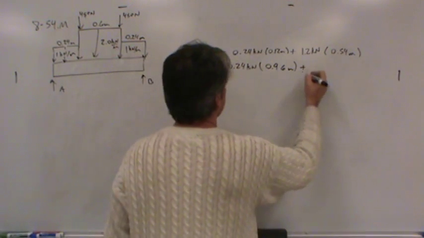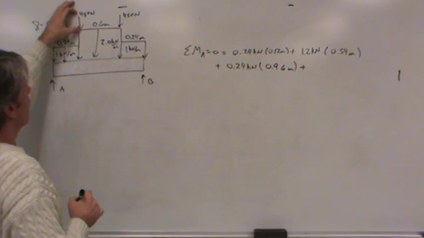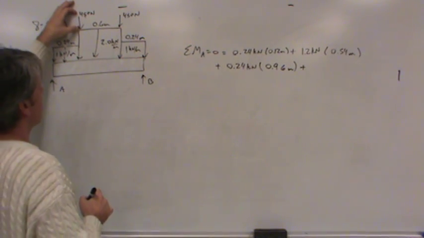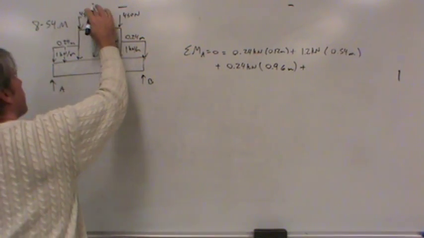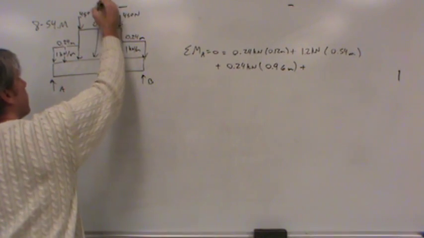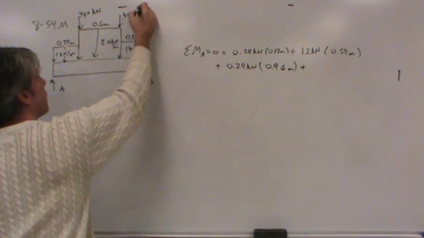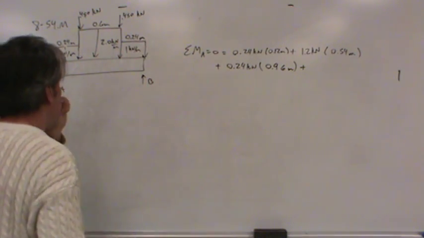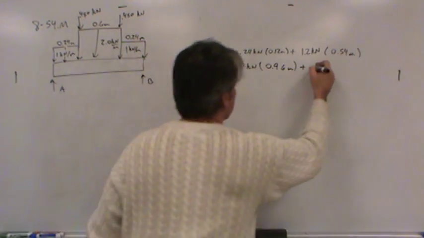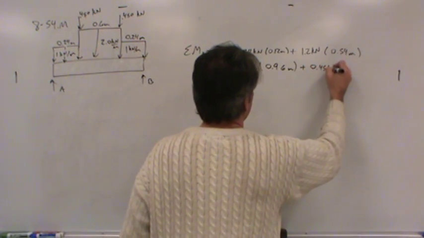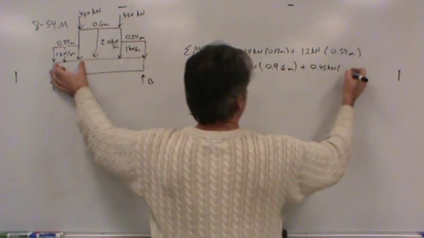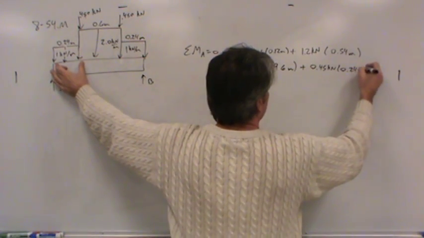Then we have the point loads, 450 newtons. Now I'm going to write that as 0.45 kilonewtons to make my life a little easier. So let's see, 0.45 kilonewtons multiplied by the moment arm, 0.24 meters.